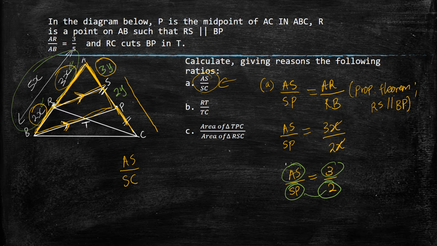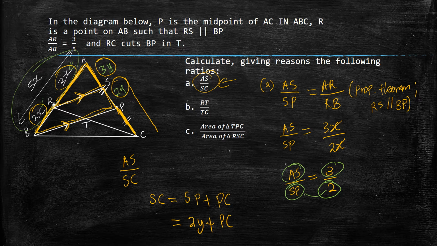Because we can see that SC is actually equal to SP plus PC, right? So SC is equal to SP plus PC. Don't forget, we already calculated SP from our proportionality there. SP was 2y, but we want to calculate PC now.